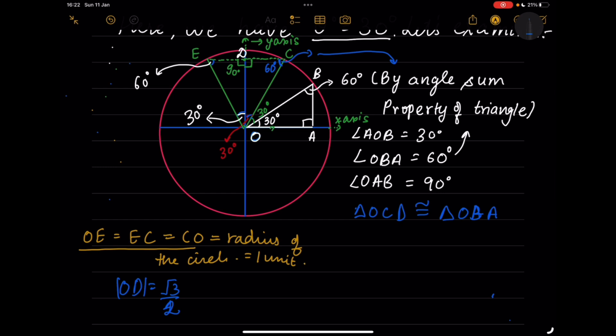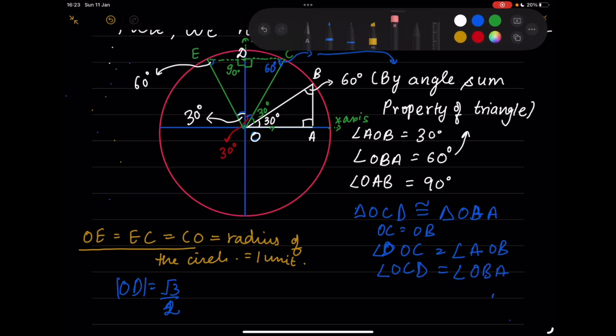Here OC is equal to OB as they are radius, and your angle DOC is equal to angle AOB, 30 degree, and your angle OCD is equal to angle OBA, 60 degree. From here you will get both of these triangles are congruent.